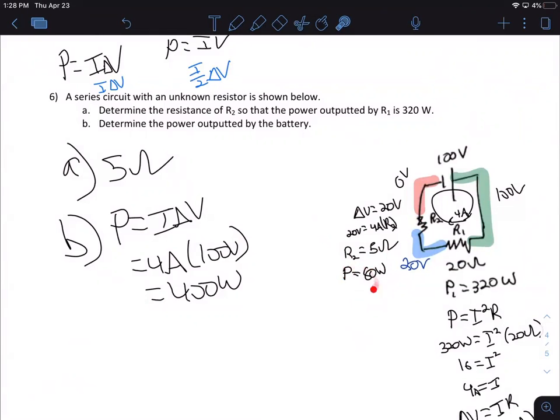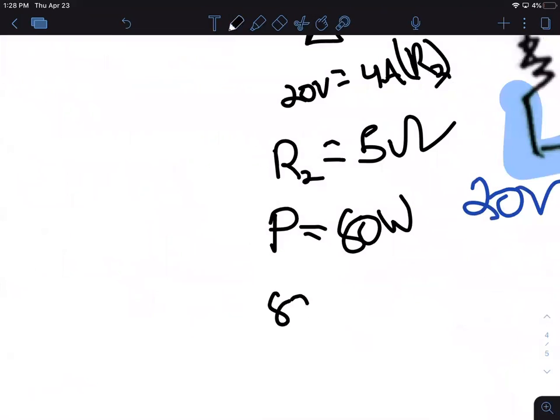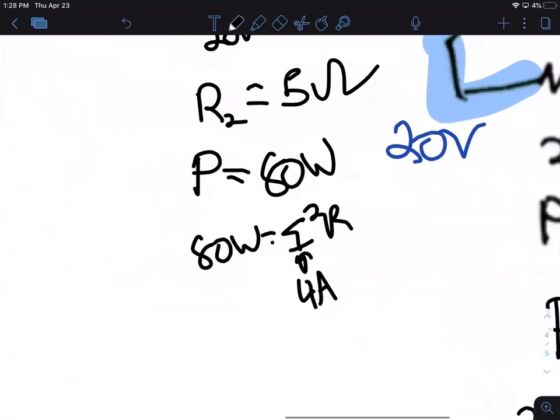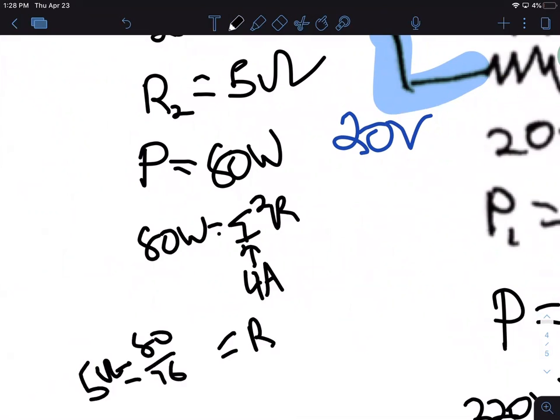And from there, I could have done 80 watts equals I squared R. This again was 4. So I could have gotten R was 80 over 16, which is 5. Right?